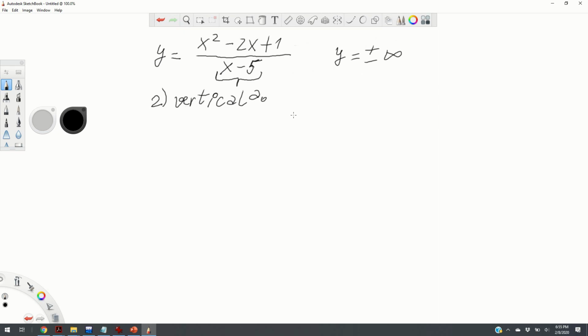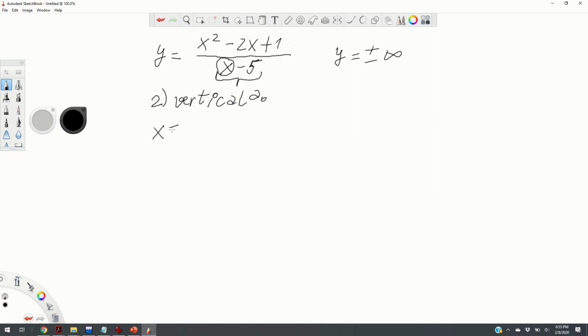Obviously, the function becomes plus or minus infinity when the denominator is equal to 0. Or we want to find values of x for which the denominator is equal to 0.